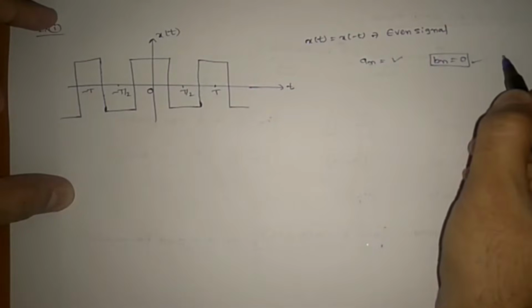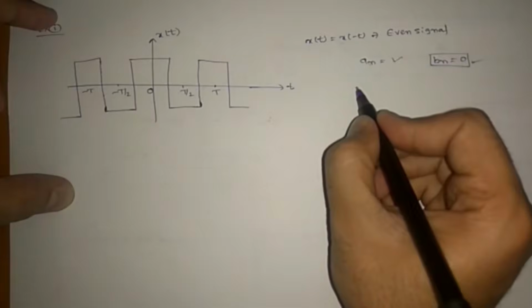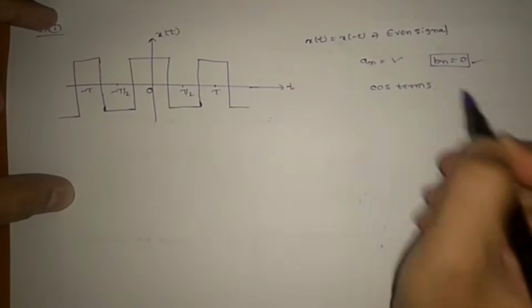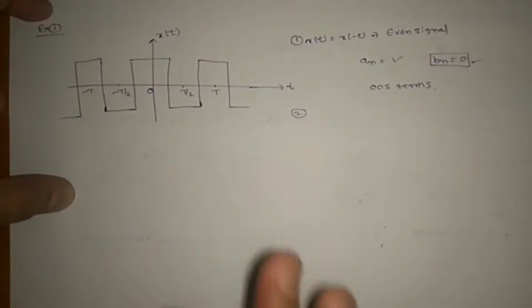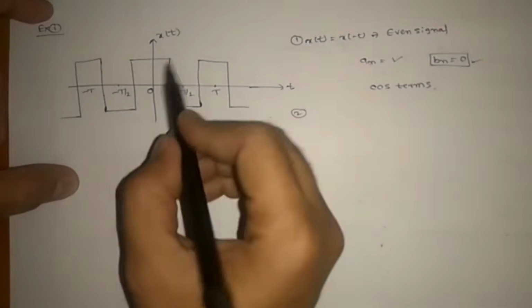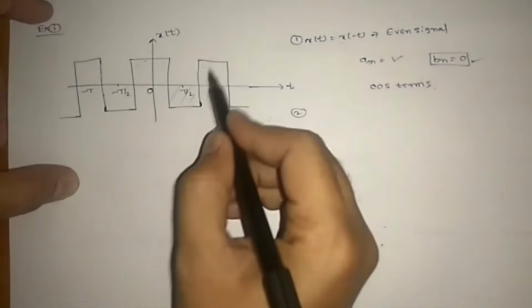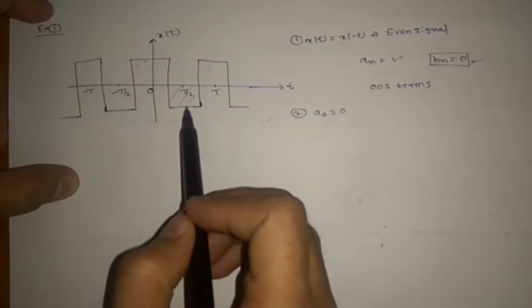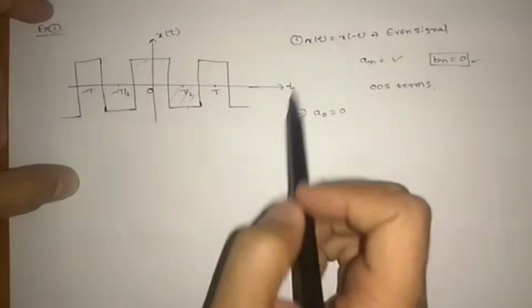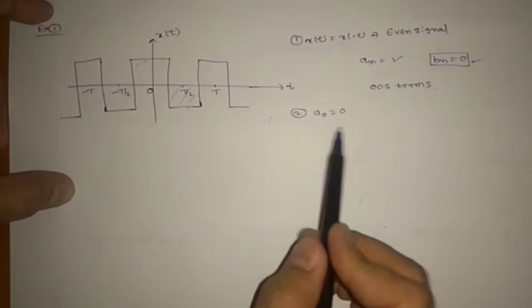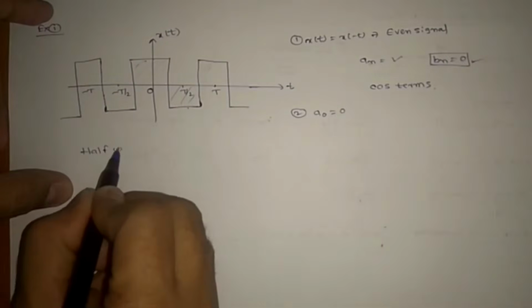If bn is equal to 0, all sin terms are 0, but in the mathematical equation you will have all cos terms. Next, so it is even, it is not an odd signal. Next, what is the average value? See, this area and this area are the same, so the average value is 0. Like one fellow is getting 100, another fellow is getting minus 100, 100 minus 100, 100 minus 100. What is the average value? 0, right? So if it is 0, then you can apply half wave symmetry.